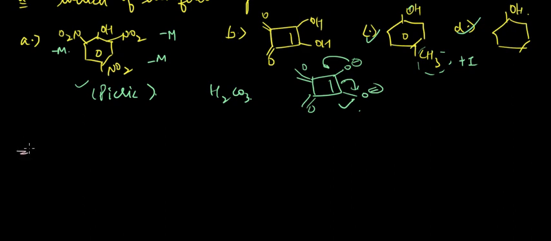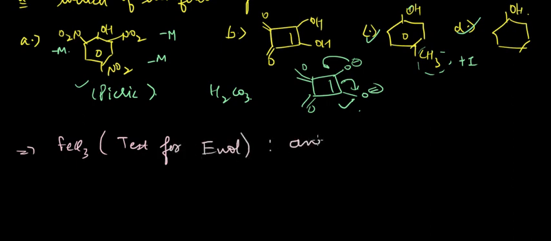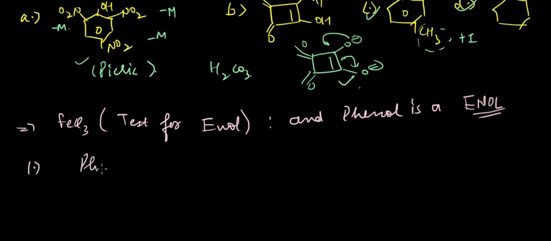So now let's delve into another test for enol, and phenol is an enol. We know that FeCl3 is a test for enol. So what actually happens when we react PhOH with FeCl3, I beg your pardon, we get a violet colored compound, something like this.